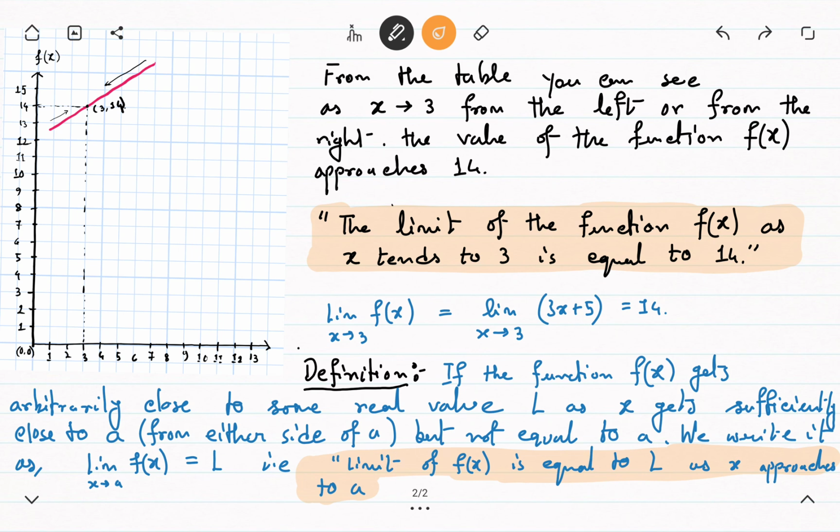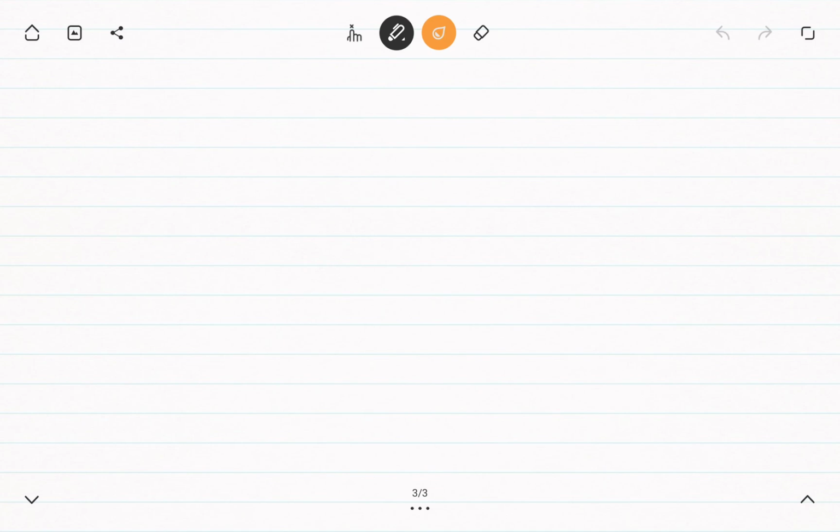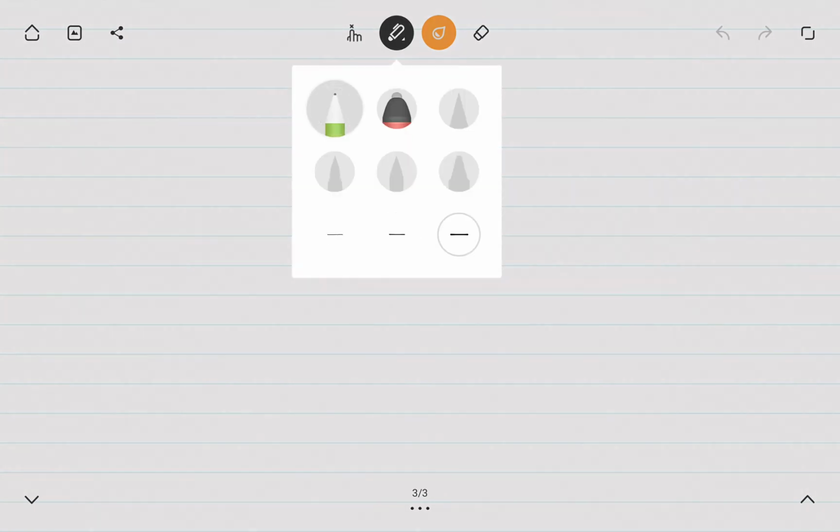So let us evaluate the value. Let me go to the next page.